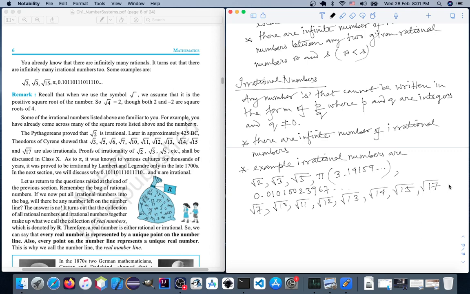These are all irrational numbers because they cannot be represented in the form p by q, where p and q are integers and q not equals to 0. Now, to prove that these numbers like root 2, root 3, root 5 are irrational, this you will learn in class 10, not in this class.